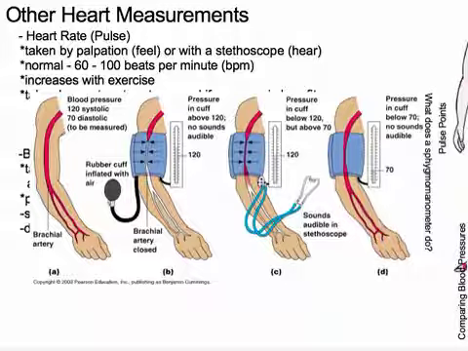Once you hear a sound, that would be what's called your systolic pressure. And when you no longer hear a sound because your blood isn't having to fight to get or cause a lot of pressure to get to your arm anymore, that is your diastolic pressure.